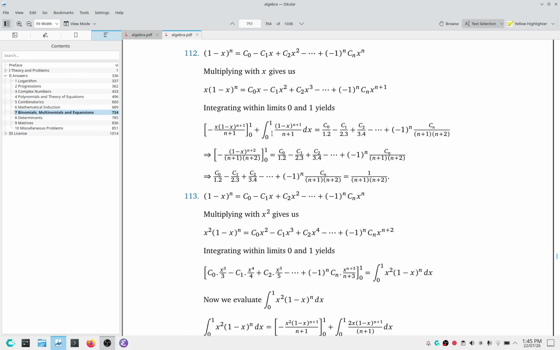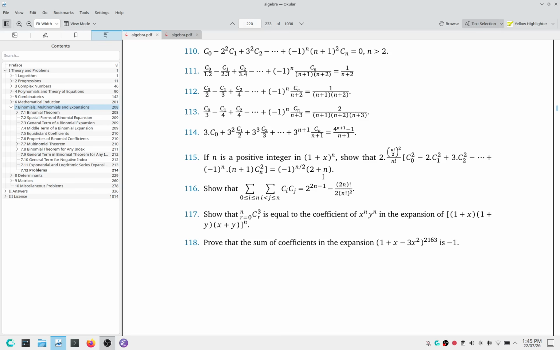So we integrate this equation, we get minus 1 minus x to the power n plus 2 upon n plus 1 times n plus 2. So we put the limits of 0 and 1, we get the required equation.